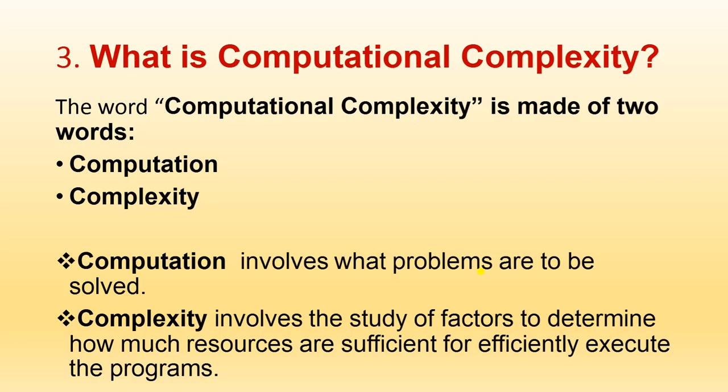And the complexity involves the study of factors to determine how many resources are sufficient for this algorithm to run efficiently. These resources generally include time and space. Time is what is needed to run the algorithm, and space is needed for the space complexity.